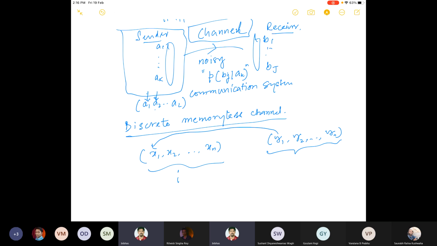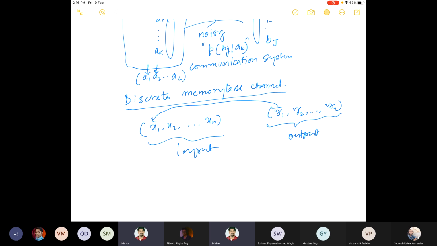So this is input, and this is output. A channel means this output depends only on input x1.